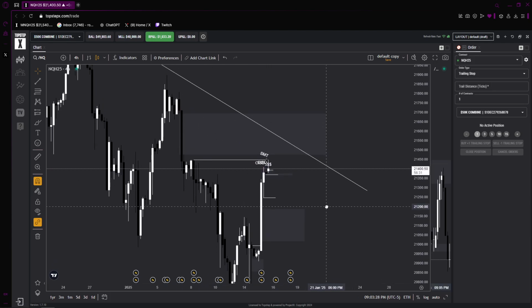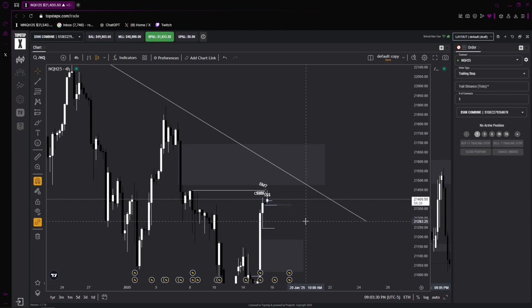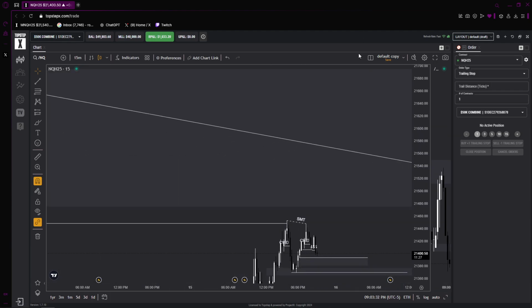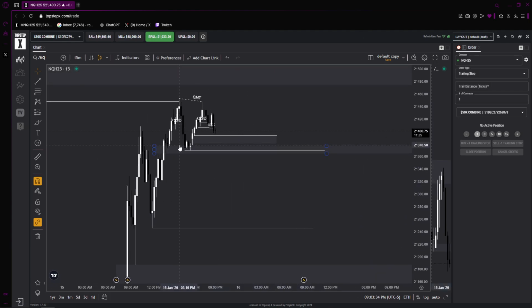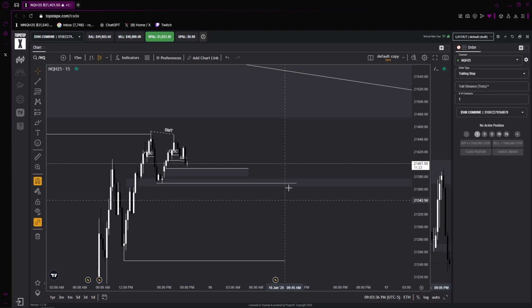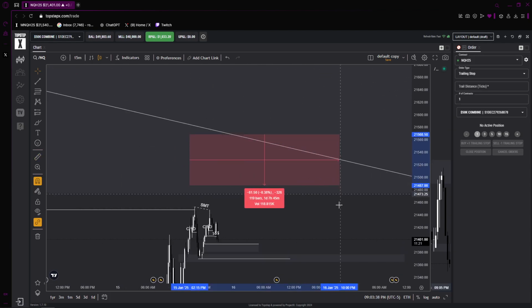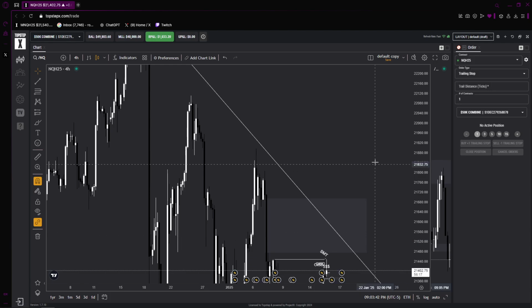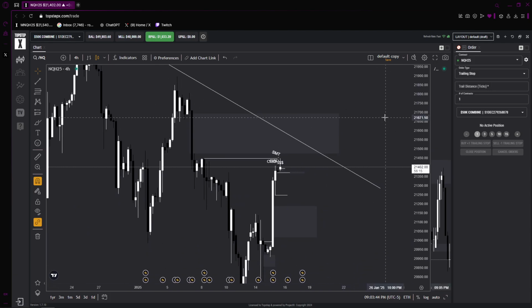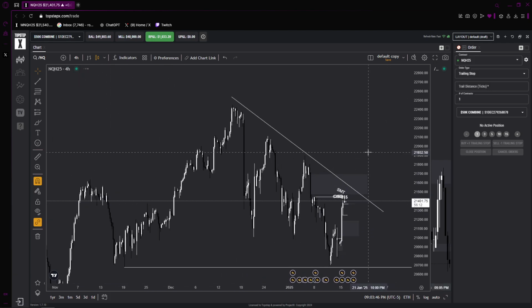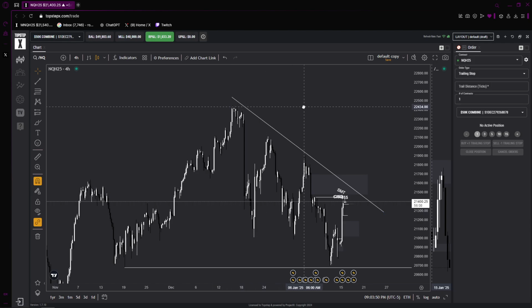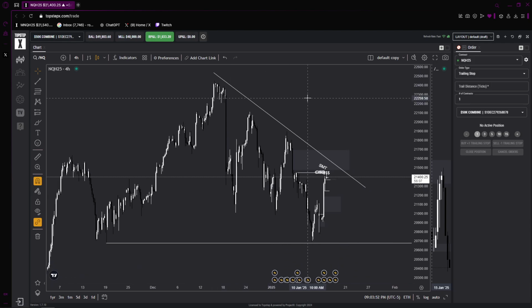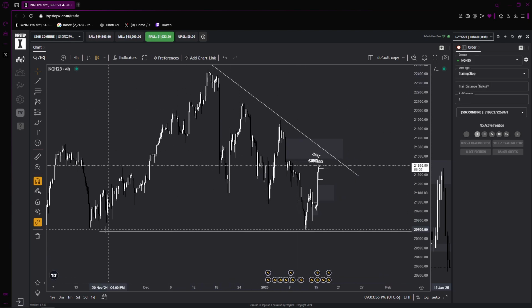So I won't be surprised if we come, zoom in, if we either sweep this and hold this and come into this 4 hour, and then we just sell off again. Because what is this? Low resistance liquidity run, thus meaning we're going to be bullish, whenever the drawn liquidity is swept.